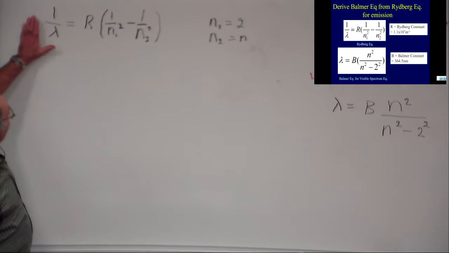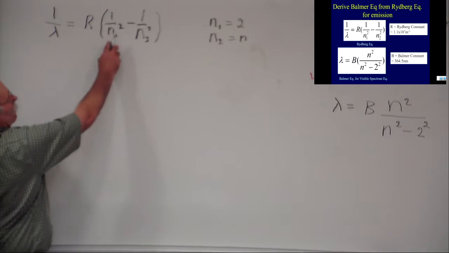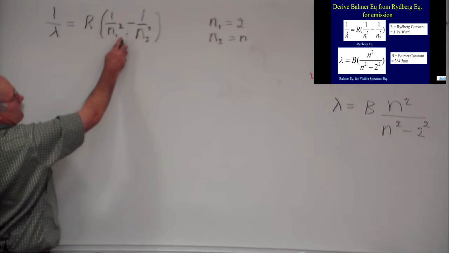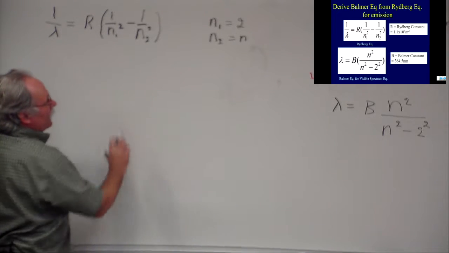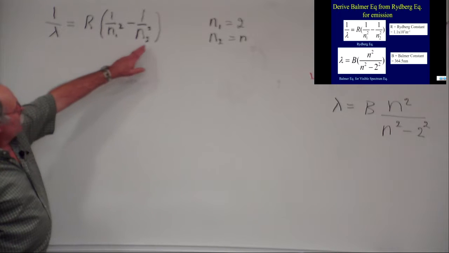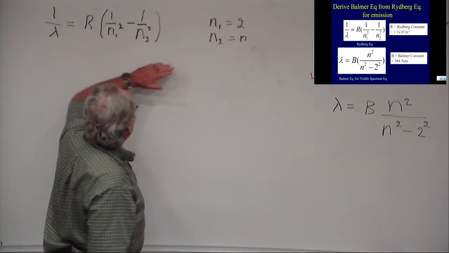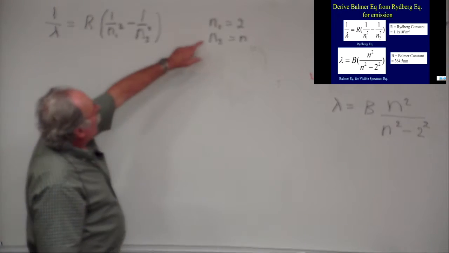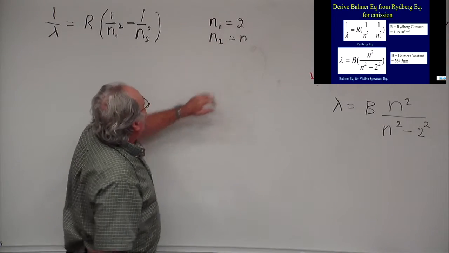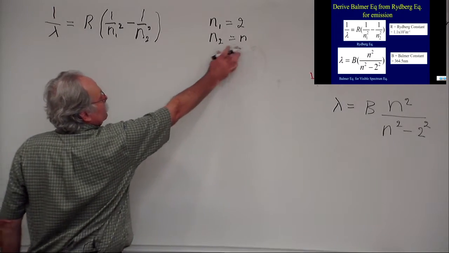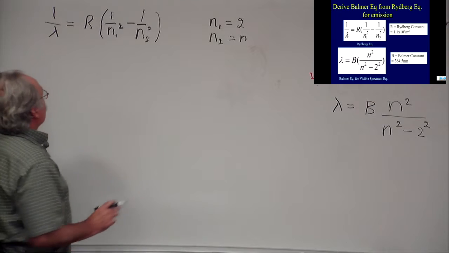The reciprocal wavelength is equal to the Rydberg constant R times, this is an inverse square type function, the difference of the reciprocals of the quantum numbers squared. Here we go from n1 to n2, and we have the condition that n2 must be greater than n1. Now, for the visible radiation, the value of n1 will equal 2. And we're going to set this n2 just equal to n, so we can derive the Balmer equation, okay?